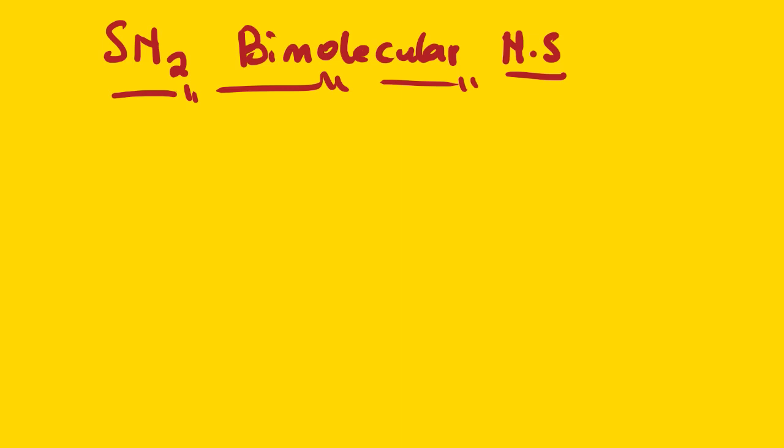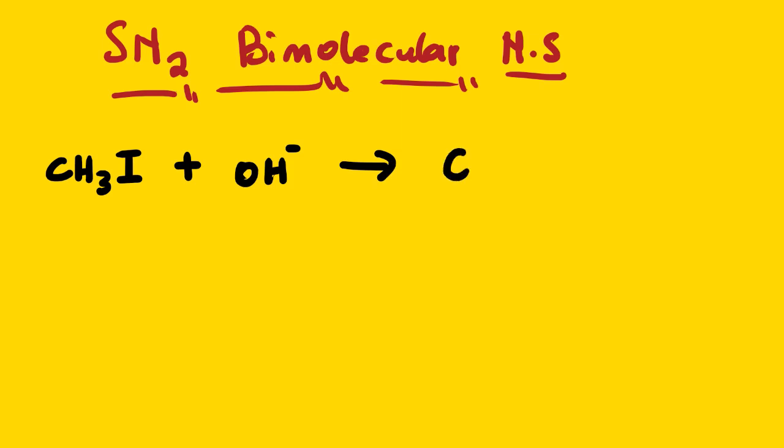Let's say we have this reaction. We are reacting iodomethane and hydroxide ion to form methanol, which is an alcohol, and iodide ion.